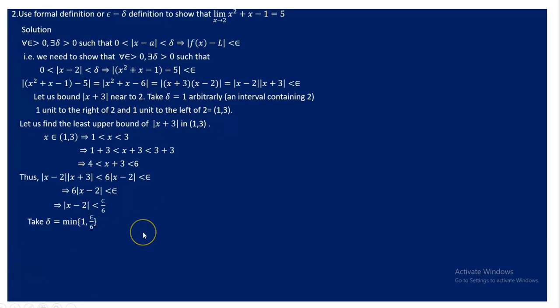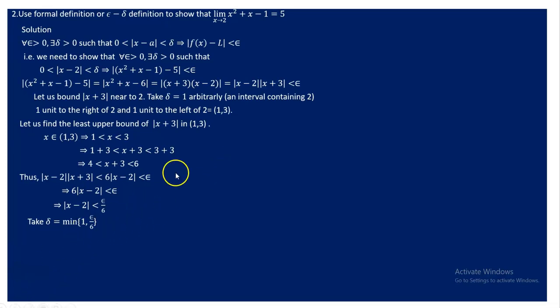So the idea behind taking the minimum of 1 and epsilon over 6 is this. You are free to take any x value, but make sure that the difference between x and 2 is either less than 1 or greater than 1.